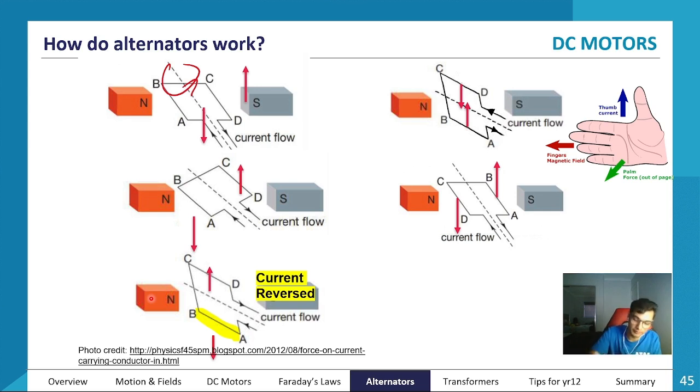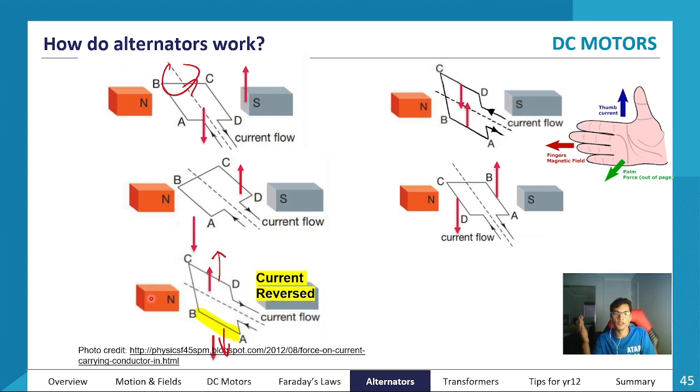The problem is, if you can't tell, the diagram's a bit weird, but the coil is perfectly perpendicular. So the force acting downwards and the force acting straight upwards here is not going to make the coil spin. It's going to get stuck there.